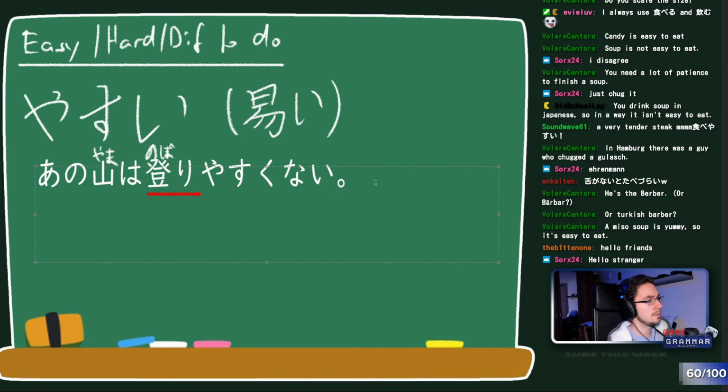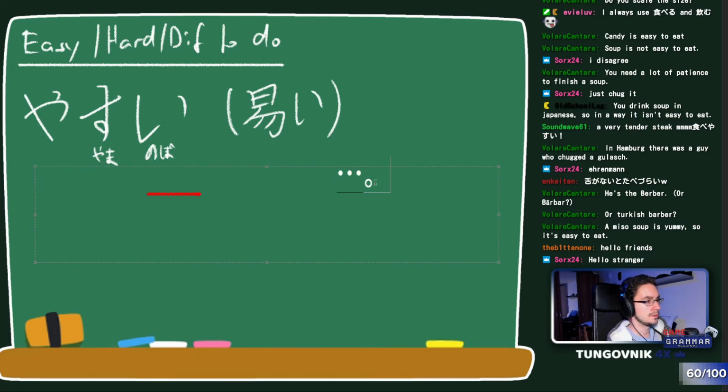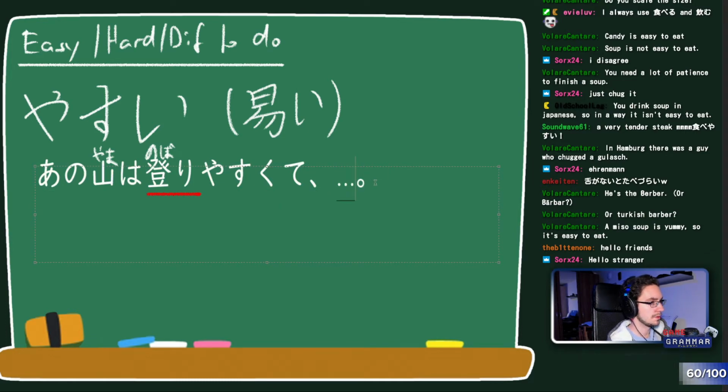Then we can also chain things, because it's adjectives. We can make a conjunctive out of it, and we can chain another clause. So 登りやすくて, comma, ellipses, right? The sentence goes on. 登りやすくて something something, just like an adjective.